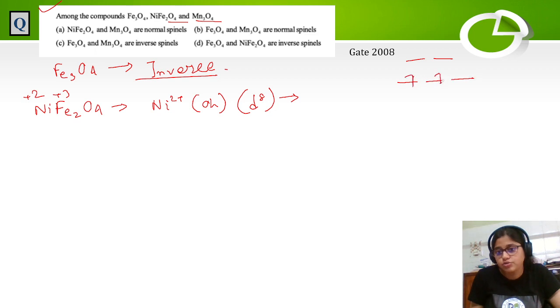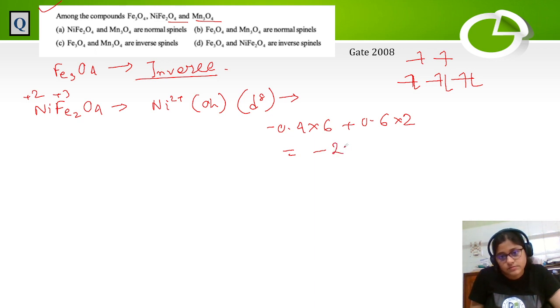So 1, 2, 3, 4, 5, 6, 7, 8. Okay. So minus 0.4 into 6 plus 0.6 into 2. So minus 2.4 plus 1.2. It will be minus 1.2 Δo.